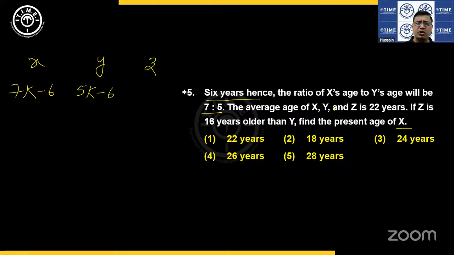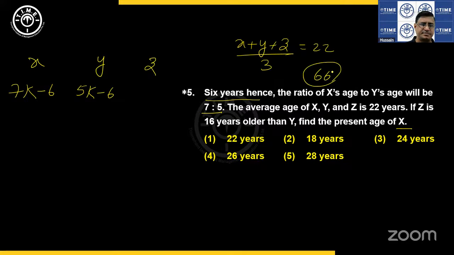The average age of the three members x, y, z: average means sum of the observations by number of observations, that is 22, so total is 3 into 22, 66. Z is 16 years older than y. Z is 16 years older means 5k minus 6 plus 16, that is 5k plus 10.